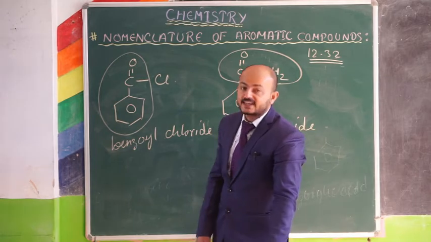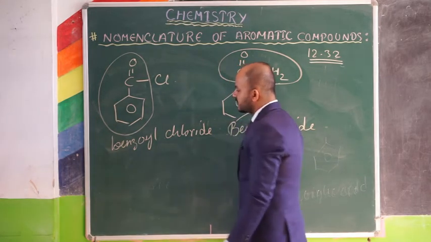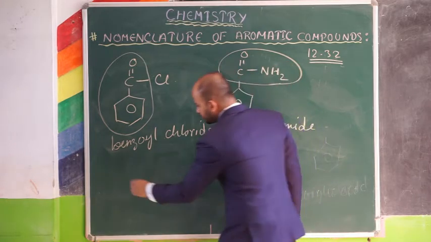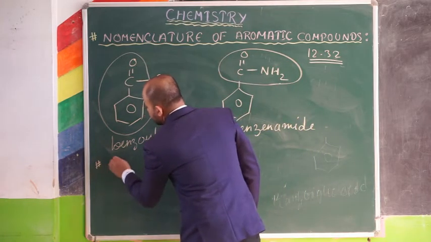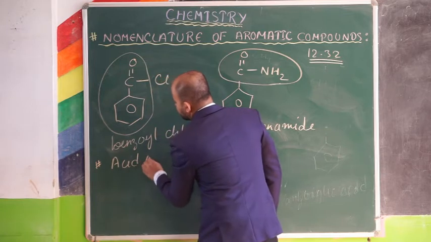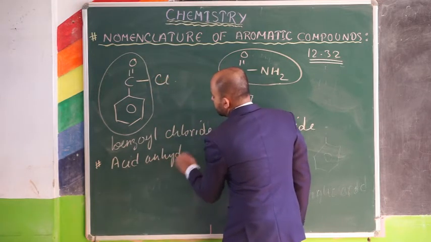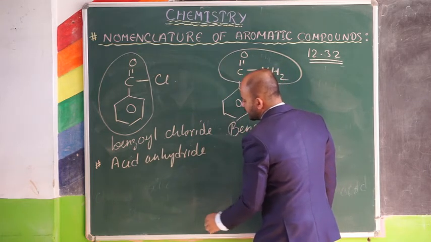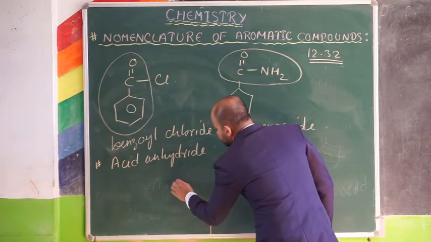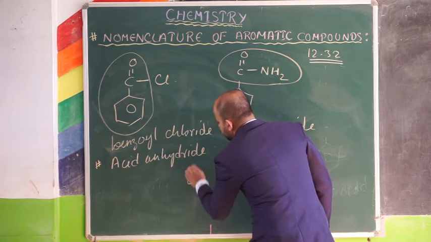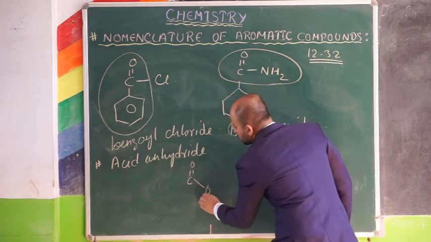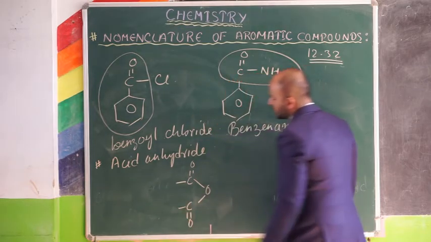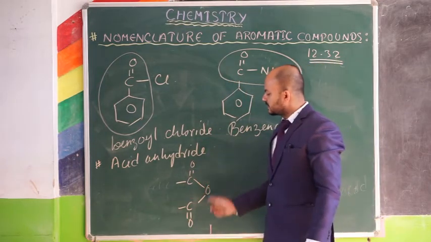Similarly, you have acid anhydrides. Say acetic acid; now we are discussing acid anhydrides. So in an acid anhydride, you have C double bond O, C double bond O. This part is the anhydride part.